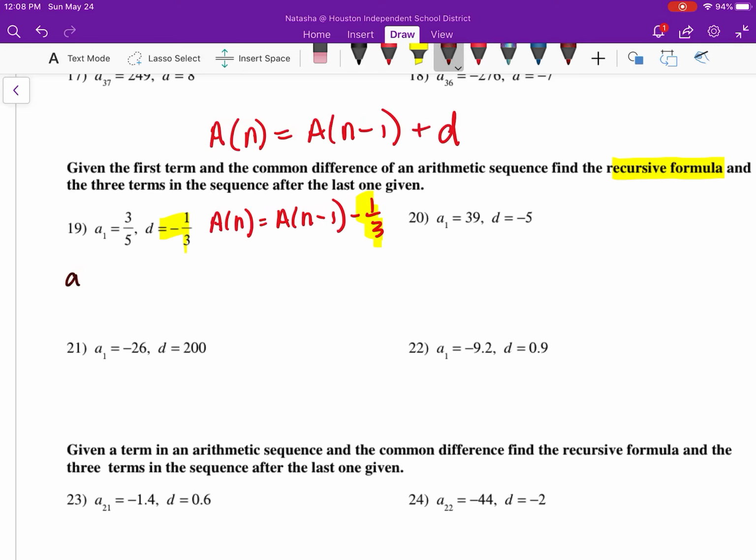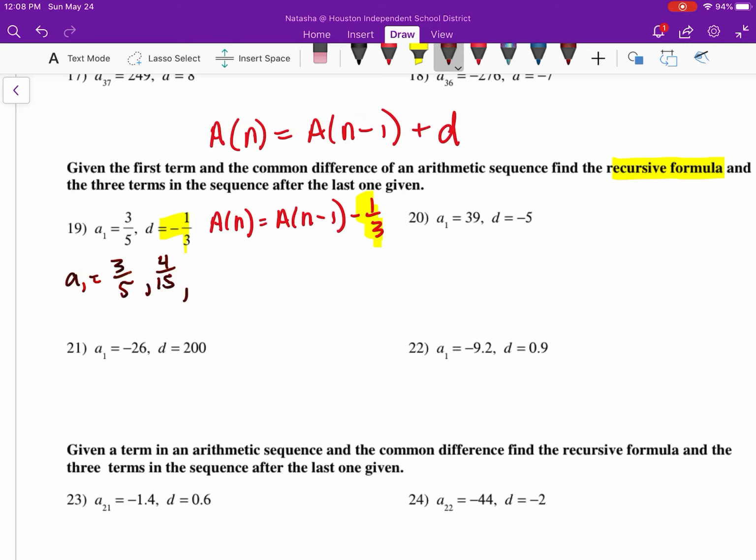So the first term, term 1, is going to be after the last one given. Okay, so we're given 1. So really we want to find 4 terms. So a_1 is equal to 3/5. So we're going to take 3/5 and we're going to subtract 1/3 from it. And that's going to give me 4/15.